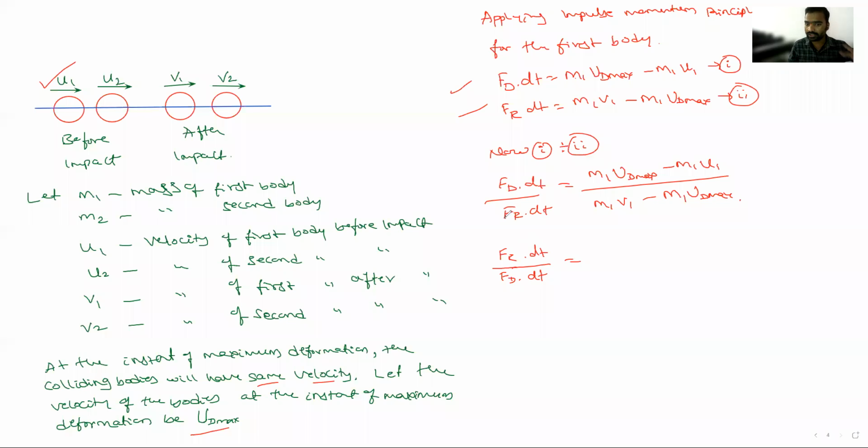So what I have written, fr divided by fd, that is nothing but v1 minus ud max divided by ud max minus u1. Is it correct, all of you? Okay, so this is equation number 3.